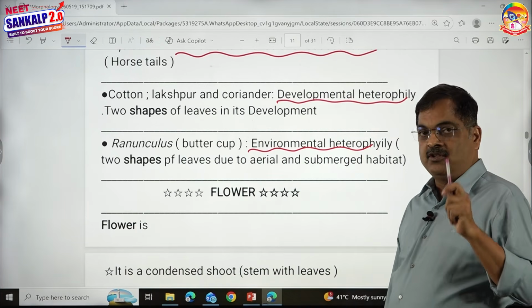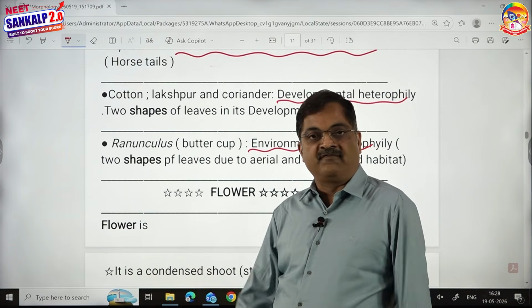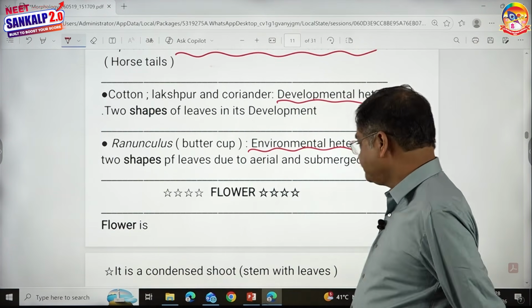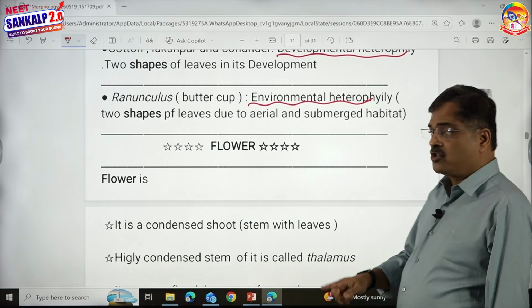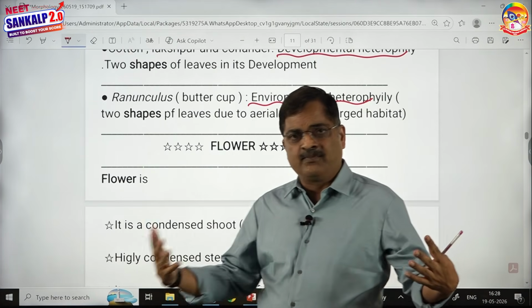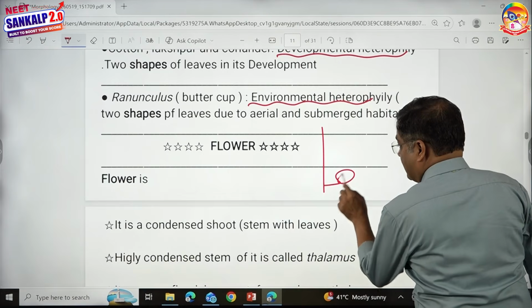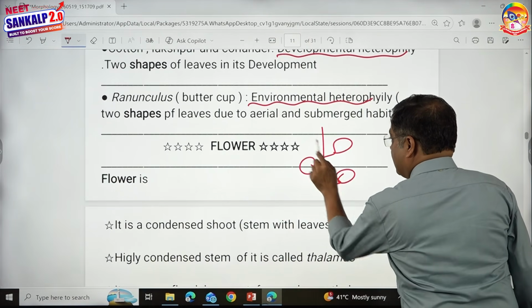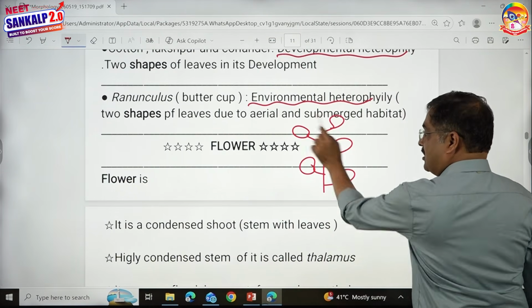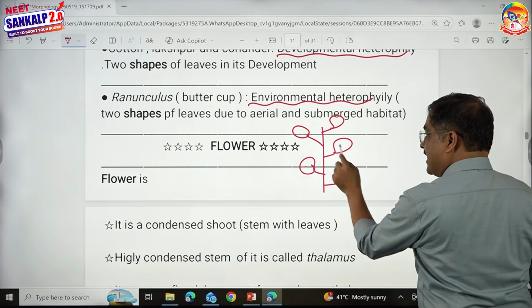Now we get into the most important part and the last part of our discussion, that is flower. Now, before I go to flower, children, there is one concept of racemose and cymose, and all of you know, in racemose, older flowers are present at the base, younger flowers are present at the tip. These are all the flowers. Older at the base, younger at the tip.